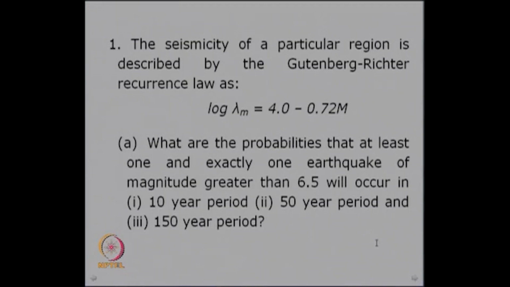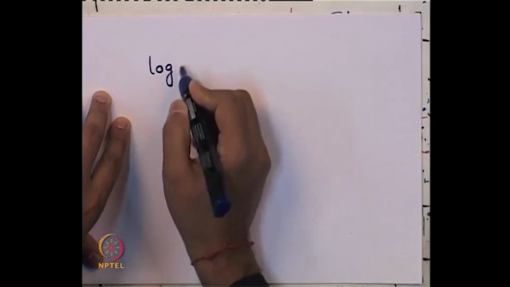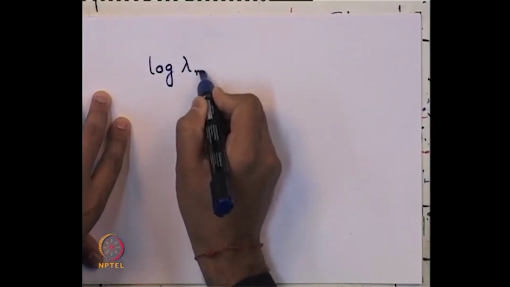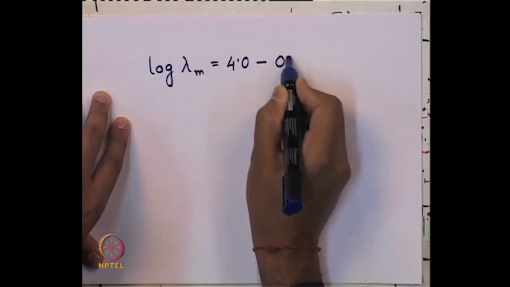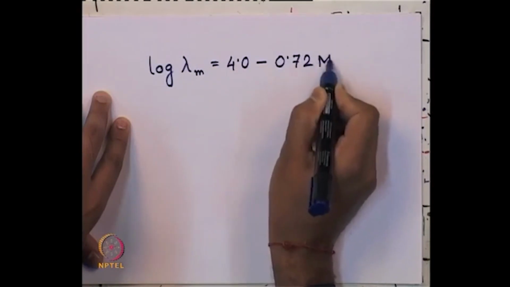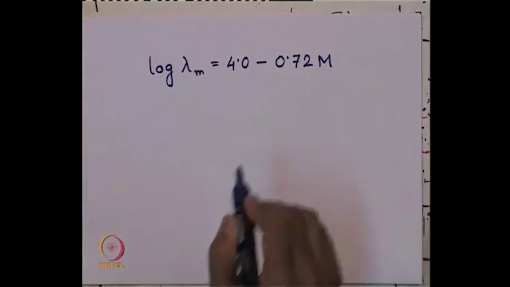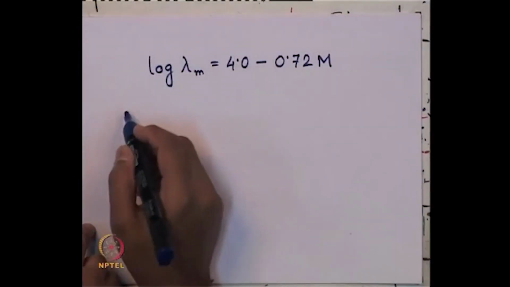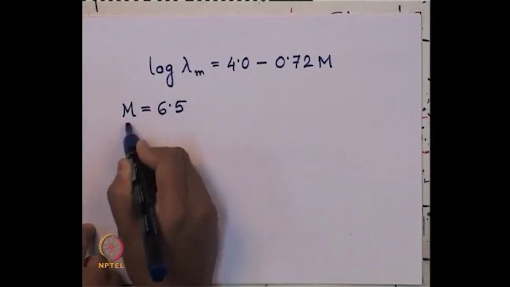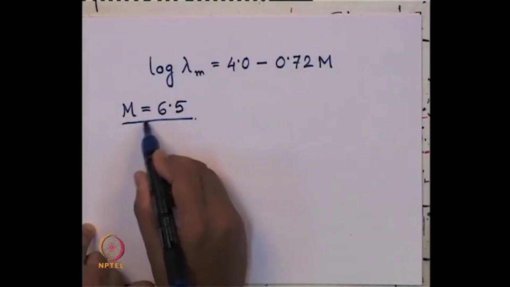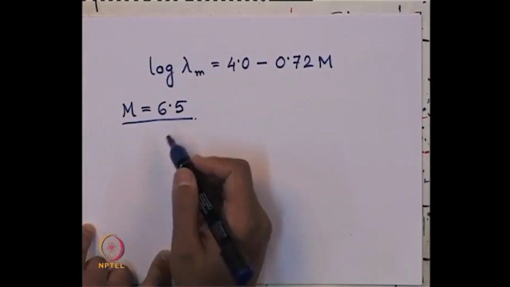So, now let us see how we can make the solution. The Gutenberg-Richter recurrence law is given as log of lambda m equals 4 minus 0.72 m. That equation is given to us. Now, what is the magnitude value given? M equals 6.5, that is, we have to find out the lambda m value for magnitude of 6.5, right.